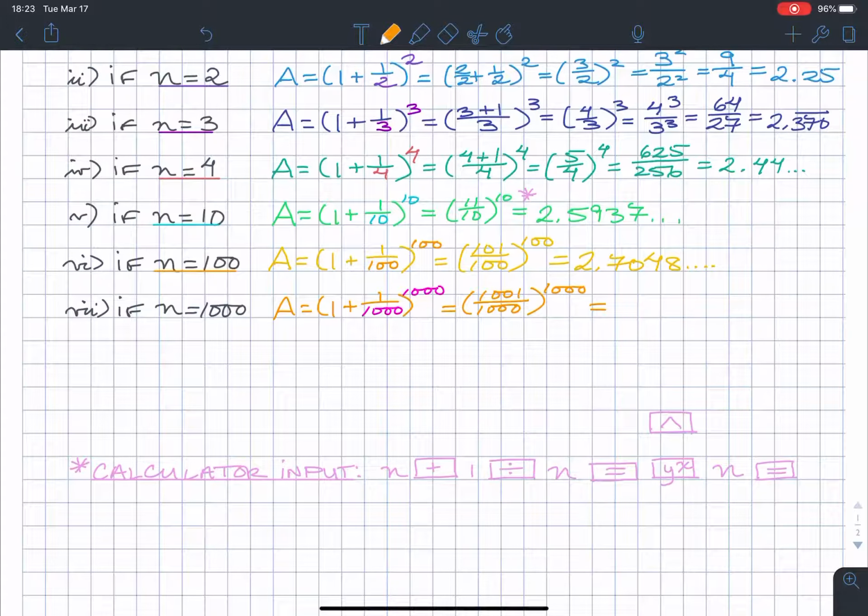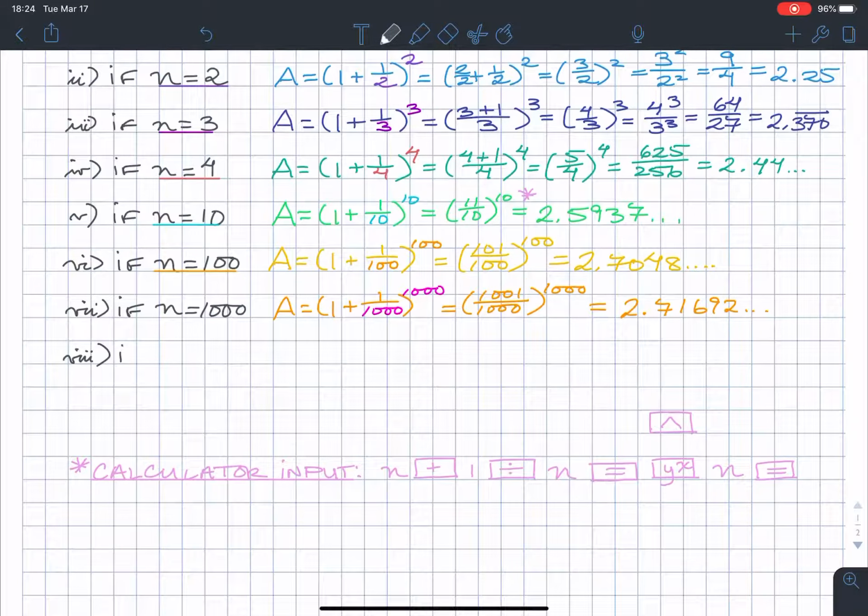So this should be a lot larger, given that n is a lot larger. But what's interesting is we get 2.71692, etc. Notice now 7 to 7, 1, whereas my difference was a whole order of magnitude. So it's getting bigger, but not very quickly. It's like plateauing, right? So let's try another order of magnitude.